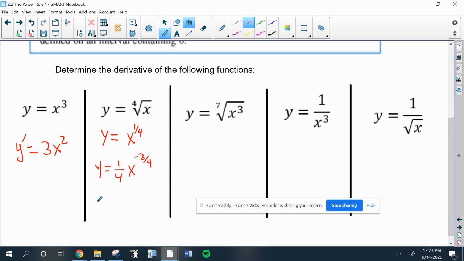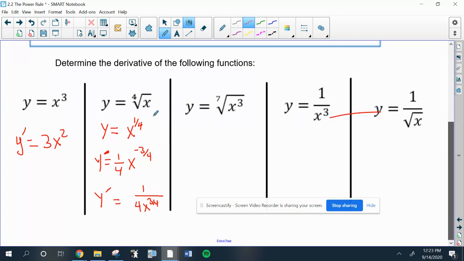Now we're going to simplify this because if you have a negative exponent, it's not simplified. So we bring it down to the bottom. And that's the derivative. Now, sometimes they'll simplify it back into radical form. You do not have to do that, but since it started in radical form, a lot of times you'll see it simplified back into radical form.